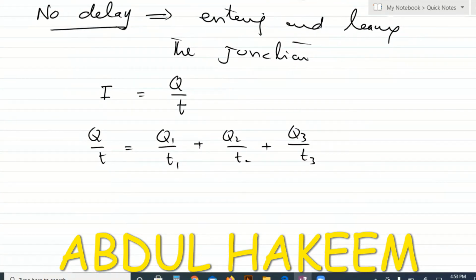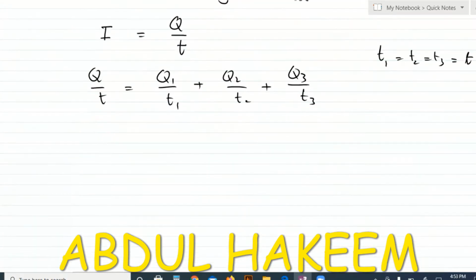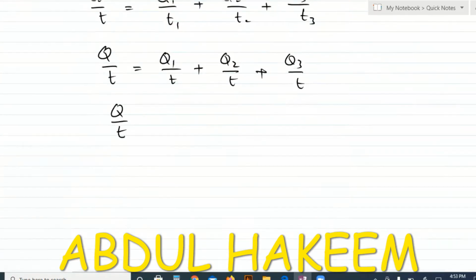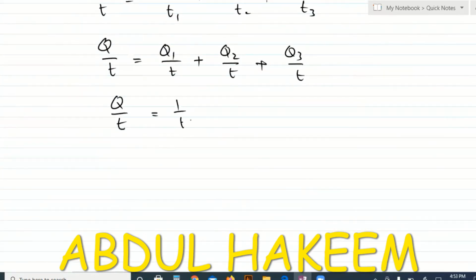Now, entering, leaving current, time same. So T1, T2, T3 will not be different. They will be the same. So this equation can be written as Q divided by T, Q1 divided by T, Q2 divided by T, Q3 divided by T. So Q divided by T is equal to 1 over T common, Q1, Q2, Q3.